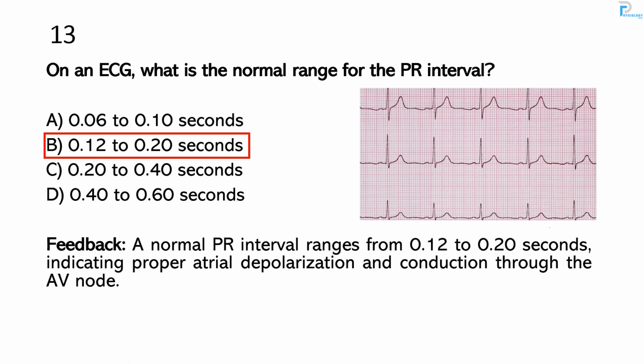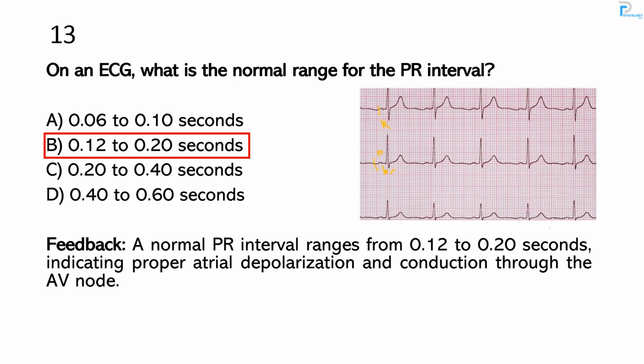So we have P here. This is P wave. This is the QRS complex. The PR interval means from the beginning of P wave to the beginning of QRS complex.